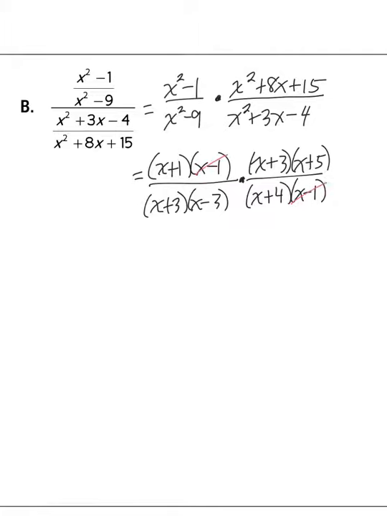I can cancel an x plus 3 with an x plus 3. And that appears to be it. So I have left in the numerator an x plus 1 and an x plus 5. Don't remultiply these. In the denominator, I have an x minus 3 and an x plus 4.